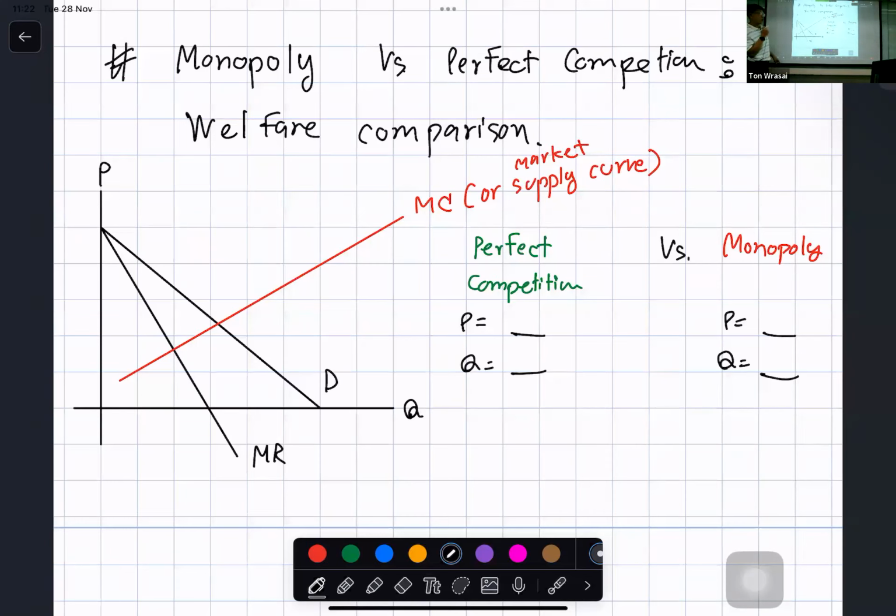First, perfect competition. The market outcome would be the point where the demand curve intersects with the supply curve, where Q would be equal to Q star and price P star.